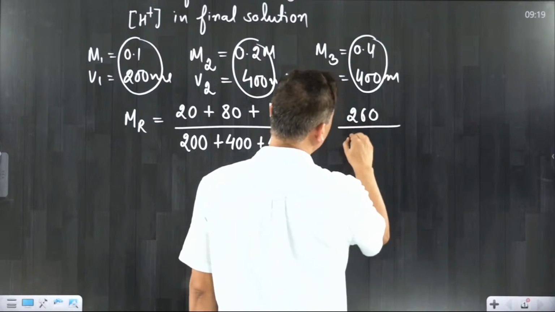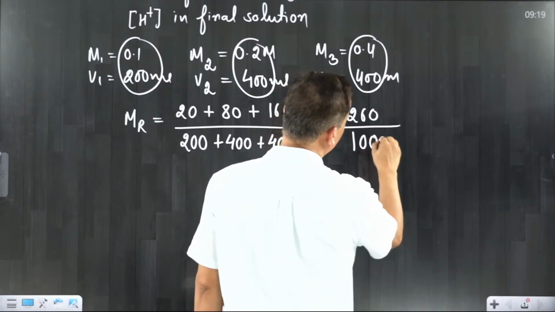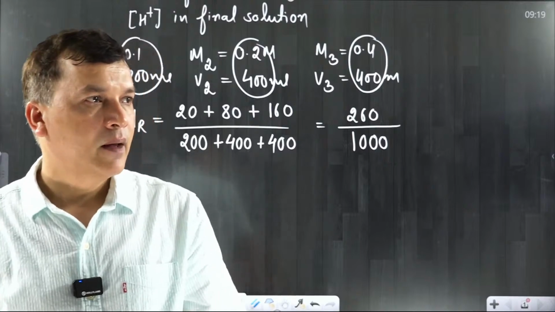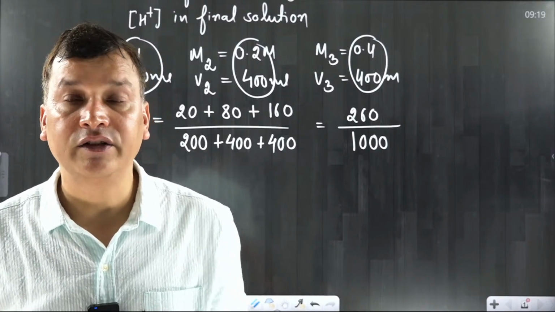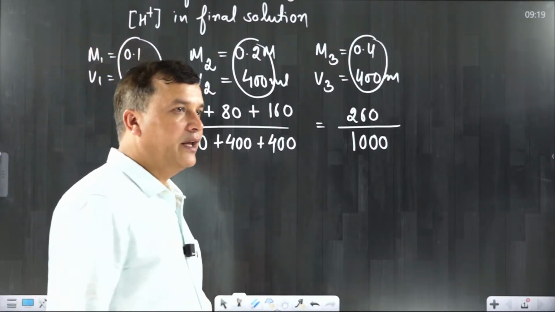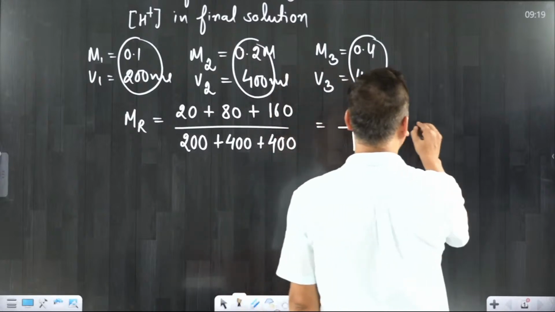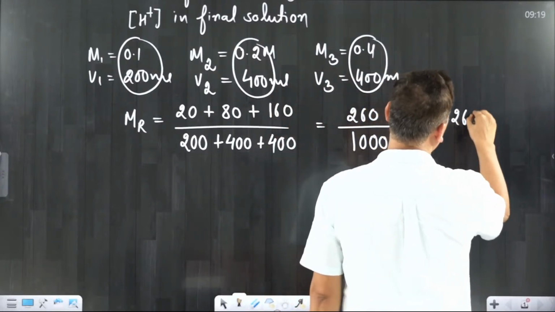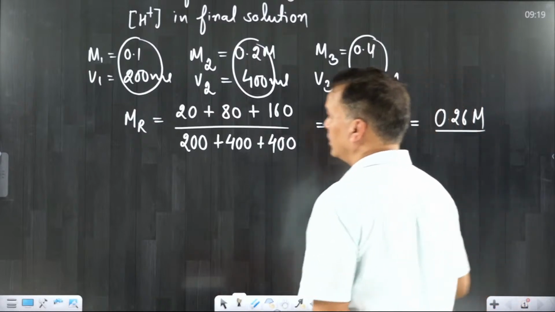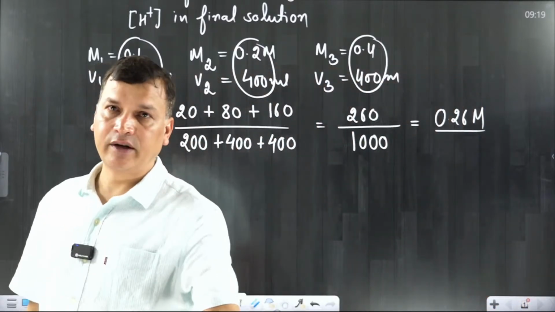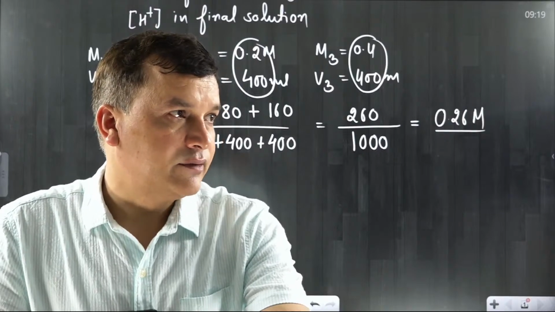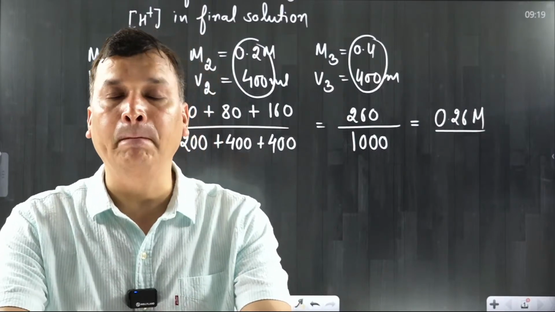No one is responding. Please tell me what will be the molarity of the resultant solution. Please write in the chat box. Okay, only one student is responding, that is 0.26 molar concentration. That will be the molar concentration of H positive. Very nice. Tommy, you are also responding.